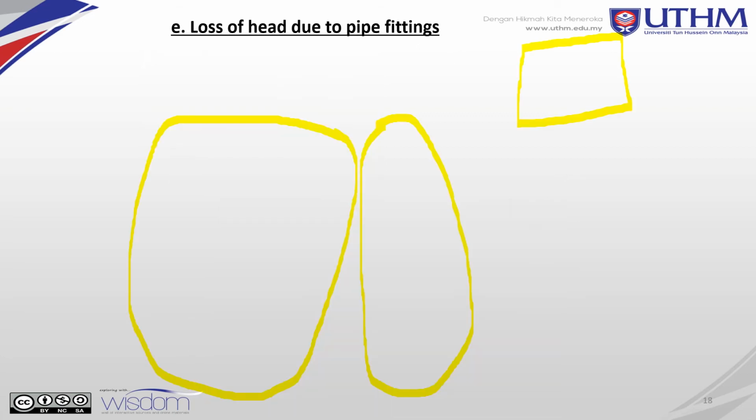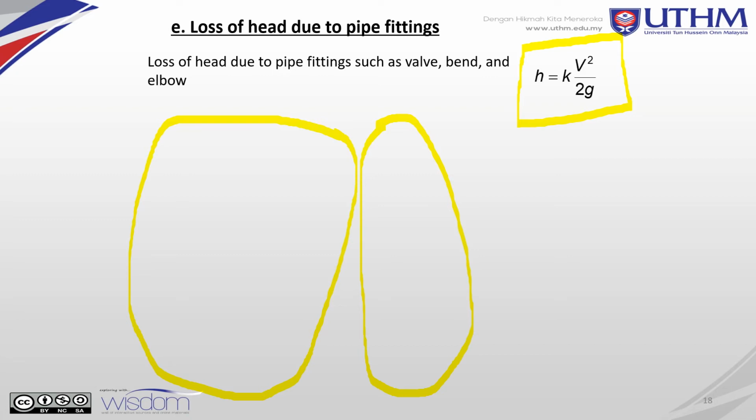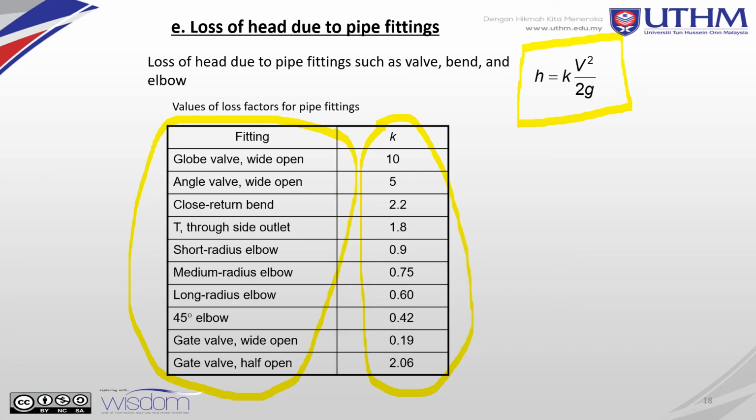Just know what the coefficient of the fitting is. Fittings, bends, contraction, sudden, submerged or something else. The fittings are such as valve, bend and elbow, so we use the K for the fitting from this table. These are the types of fitting and this is the coefficient.